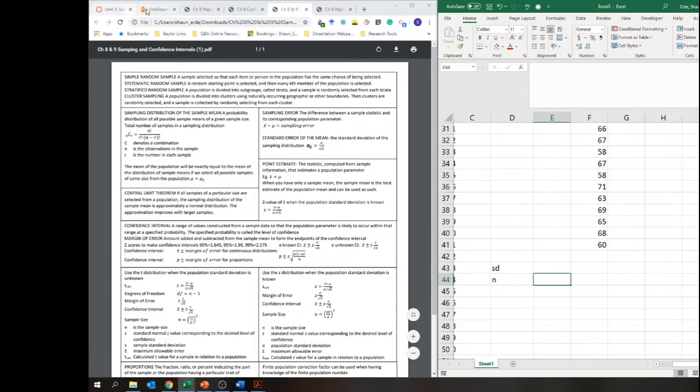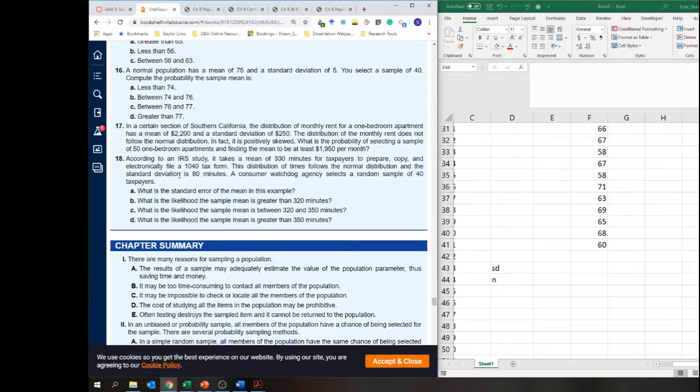So let's go right back here. It says a mean of 330 minutes. 330 is the mean, and this is the population mean, for taxpayers to prepare, copy, and electronically file a 1040. The distribution of time follows a normal distribution and the standard deviation is 80 minutes.